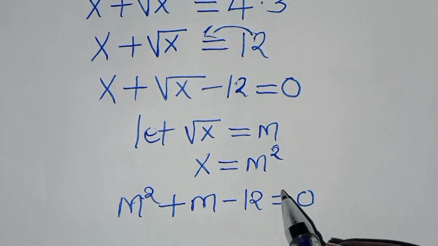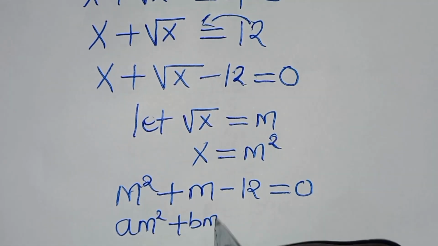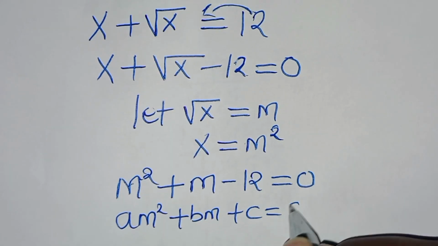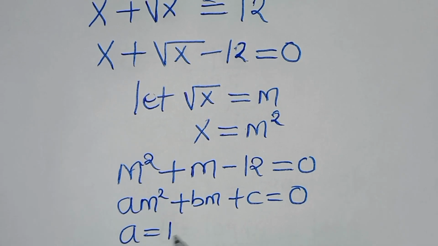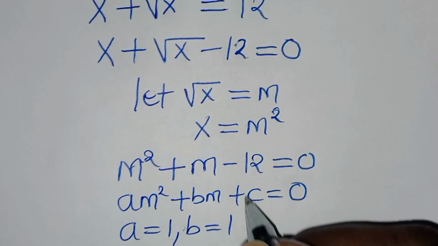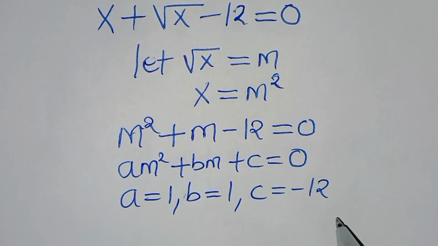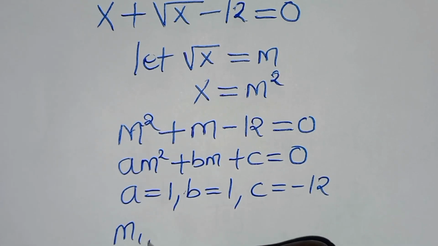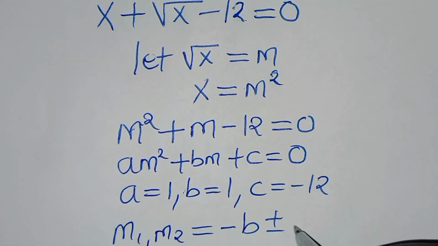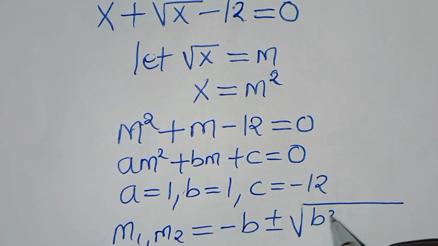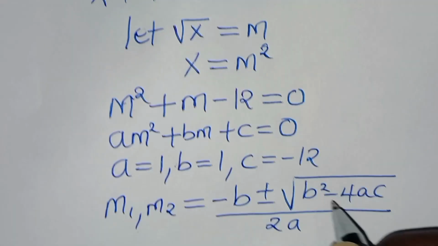This is a quadratic equation of the form a m squared plus b m plus c equal to 0. From this quadratic equation, we have a equal to 1, b equal to 1, and c equal to negative 12. Now, to solve for m1, m2, we apply the quadratic formula: minus b plus or minus the square root of b squared minus 4ac, everything divided by 2 times a.